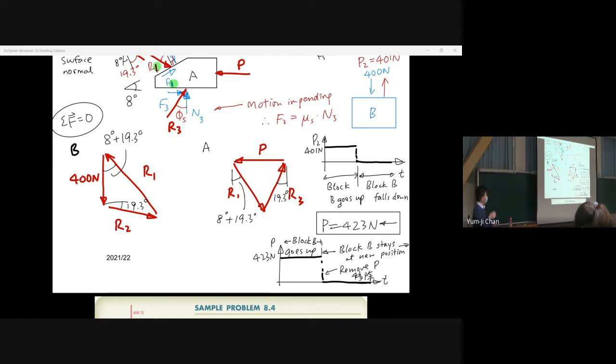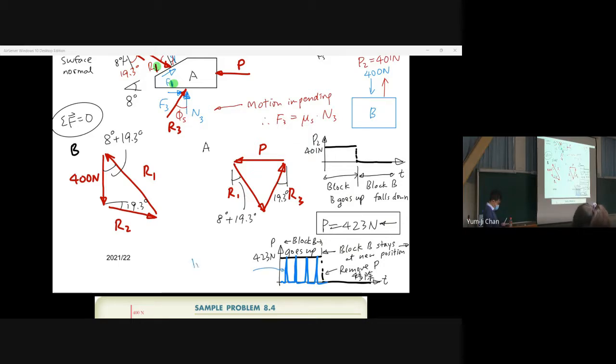Although we need 423 newtons to the left, it is still okay to do it. In practice, we will simply apply forces like 423 newtons like this.